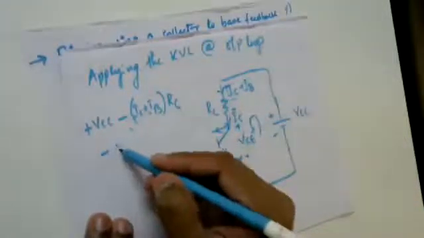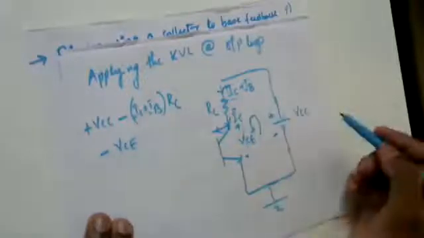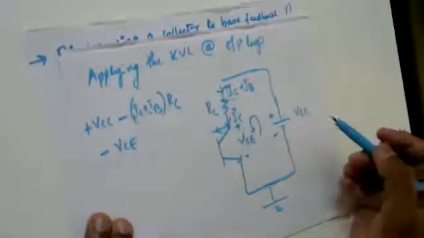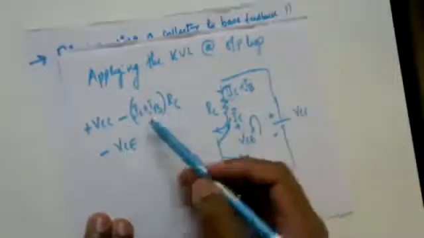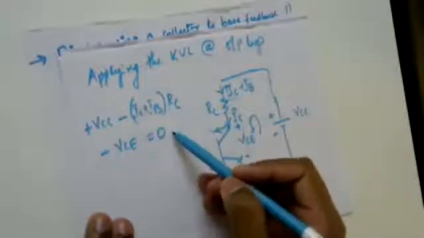Then positive to negative, the voltage drop is VCE, equal to 0. So the equation is VCC minus (IC plus IB) into RC minus VCE is equal to 0.